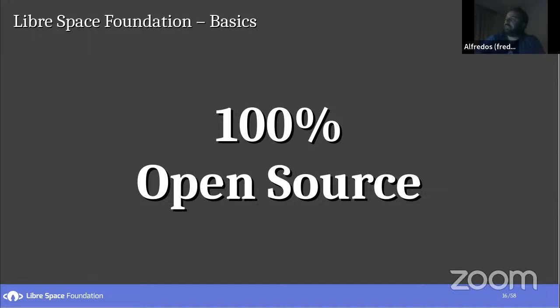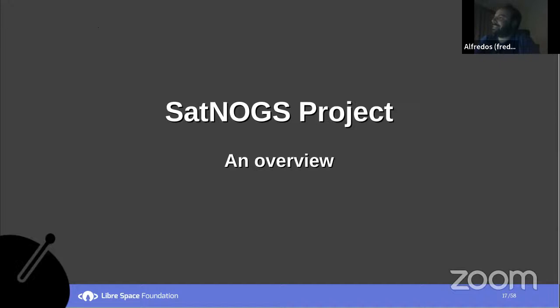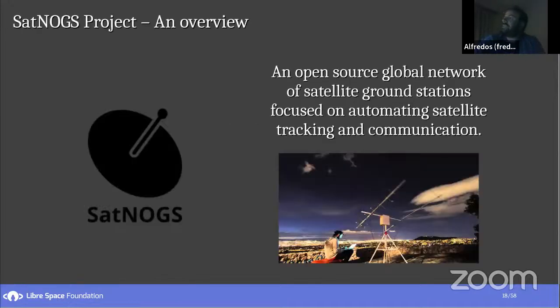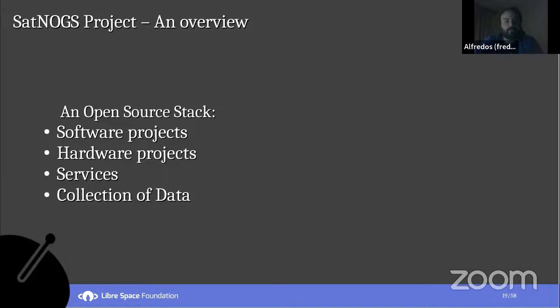So let's go to the SatNOGS project and have an overview of it. As I said, it's an open source global network of satellite ground stations, and we focus on automating satellite tracking and communication. This is achieved through an open source stack, which is several software and hardware projects, some services we run, and a collection of data.